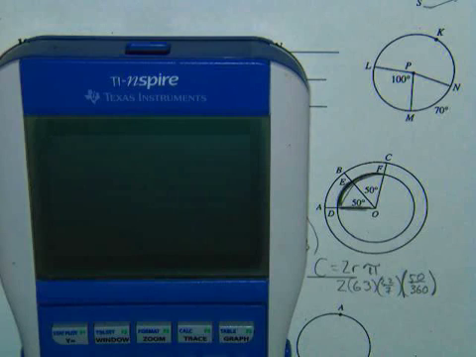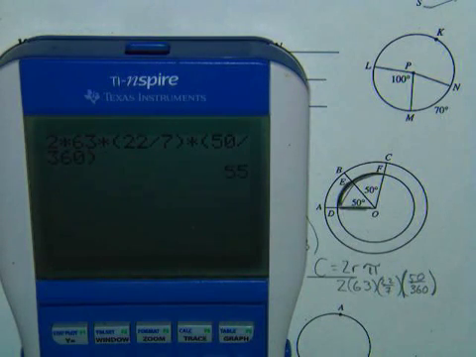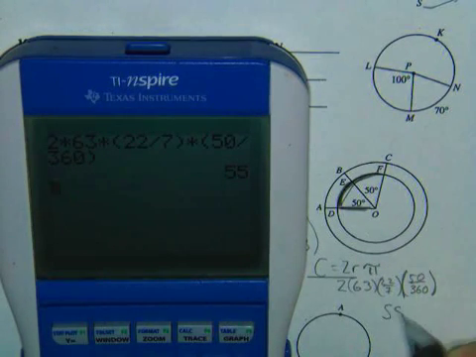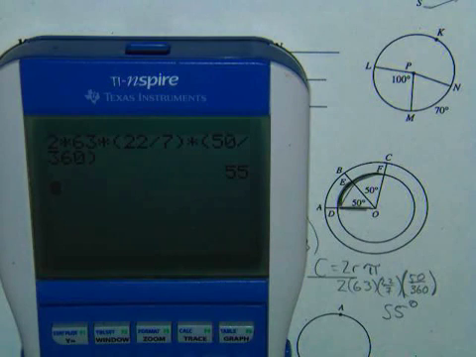So 2 times 63 times, now when you have these fractions, I would throw them both in parentheses, and when I do that I get 55. Yeah? Das ist gut, yeah?